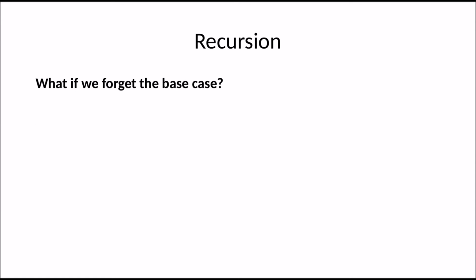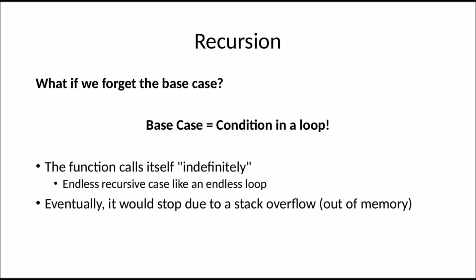Now, what happens if we don't have a base case or if we forgot to write a base case? So the base case essentially is like a condition in a loop. If we don't have the base case, the function calls itself indefinitely. So if we don't have a condition in a loop, the loop would run forever.